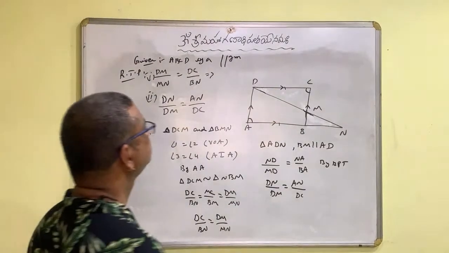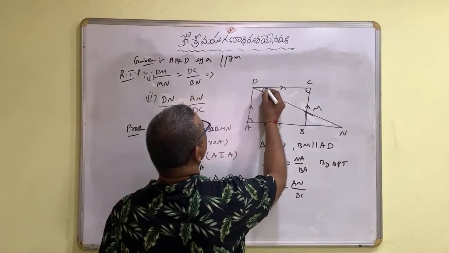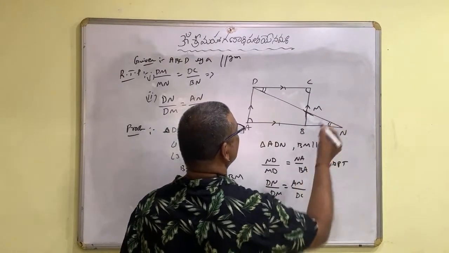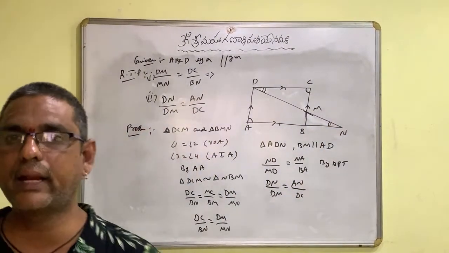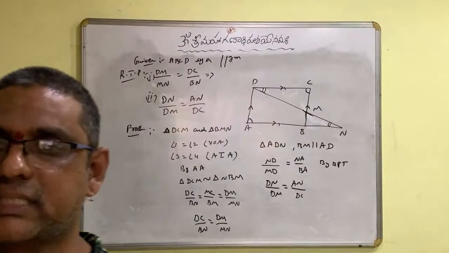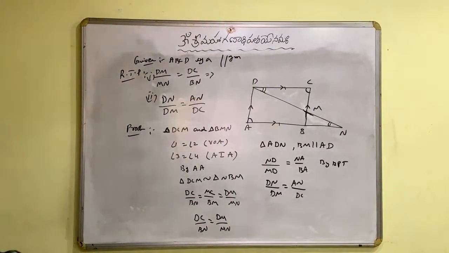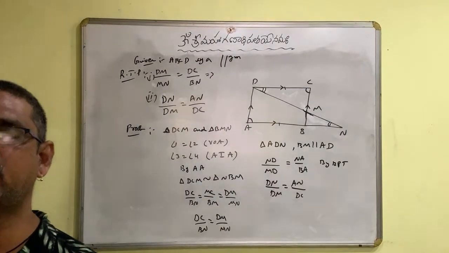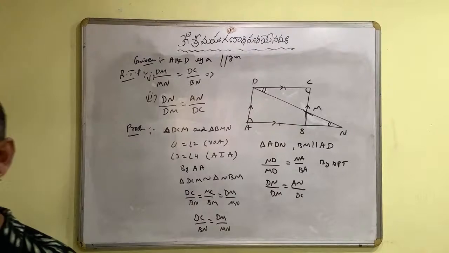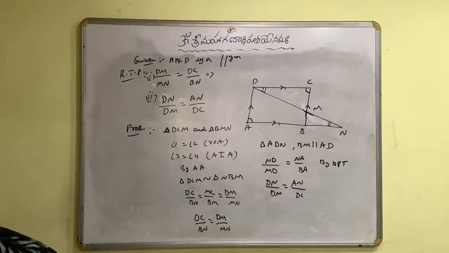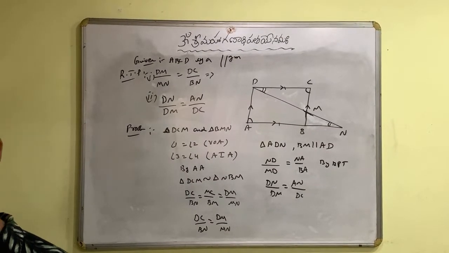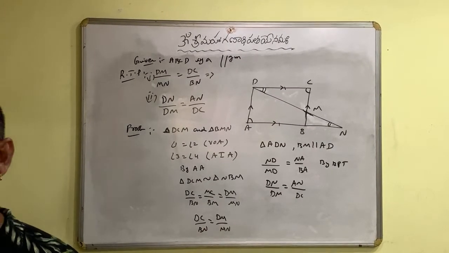And next one, this angle is equal to this angle, alternate interior angles are equal. AA similarity. Those two triangles are similar. Triangle AND is similar to triangle CDM.